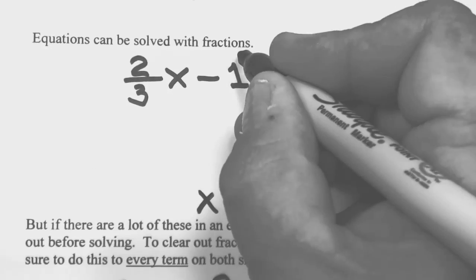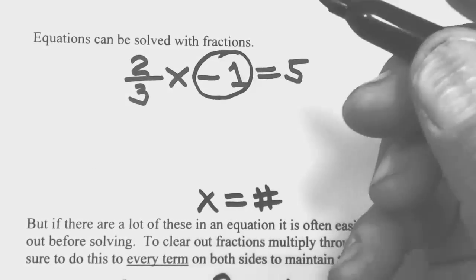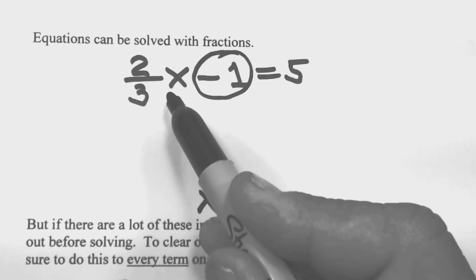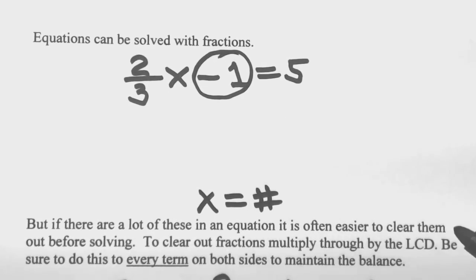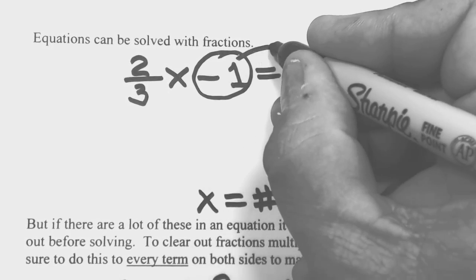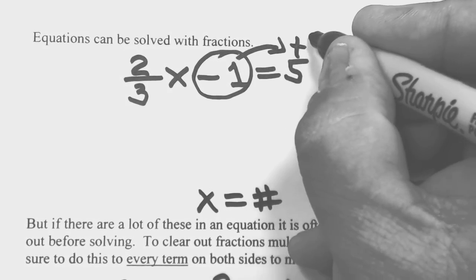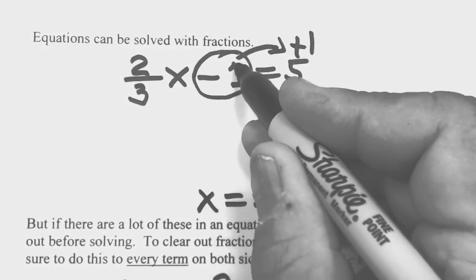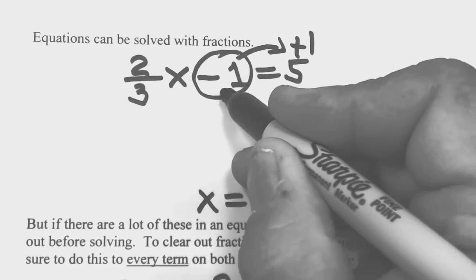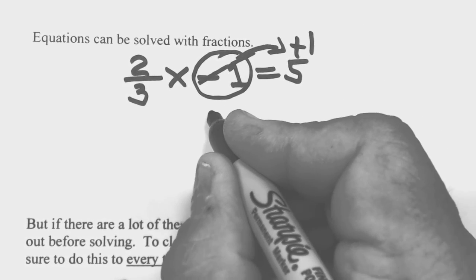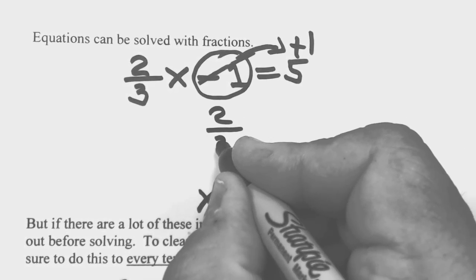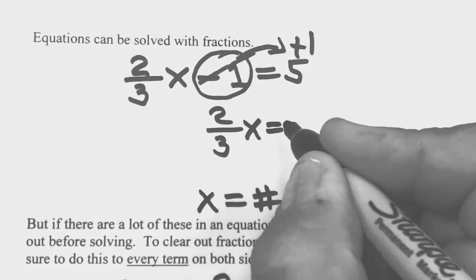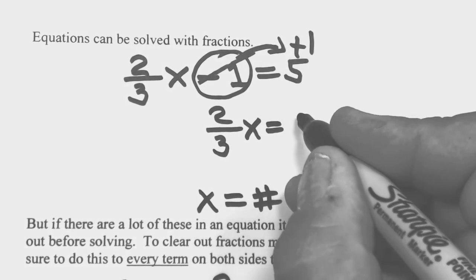The only one on the wrong side is this -1. X's are okay on the left, plain numbers okay on the right. So let's jump this -1 over as +1. Remember, change the sign when you jump to the other side of the equal bar.